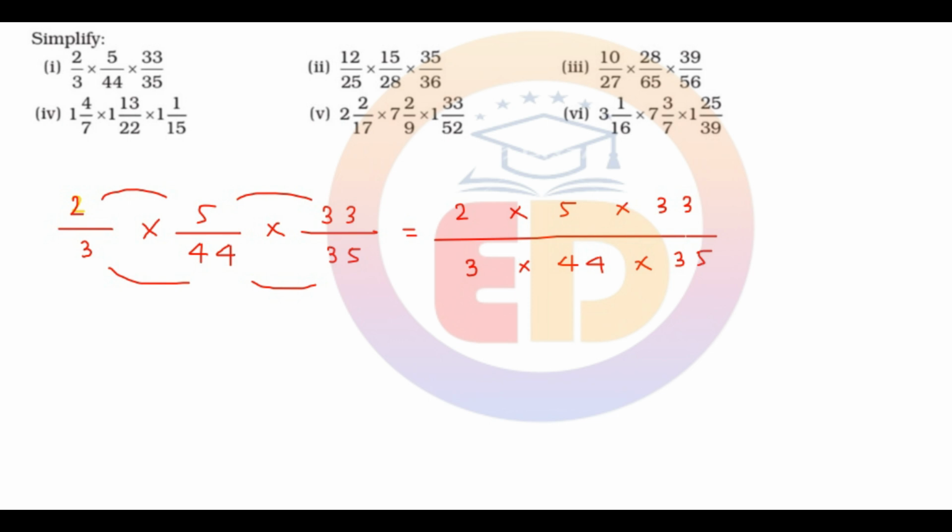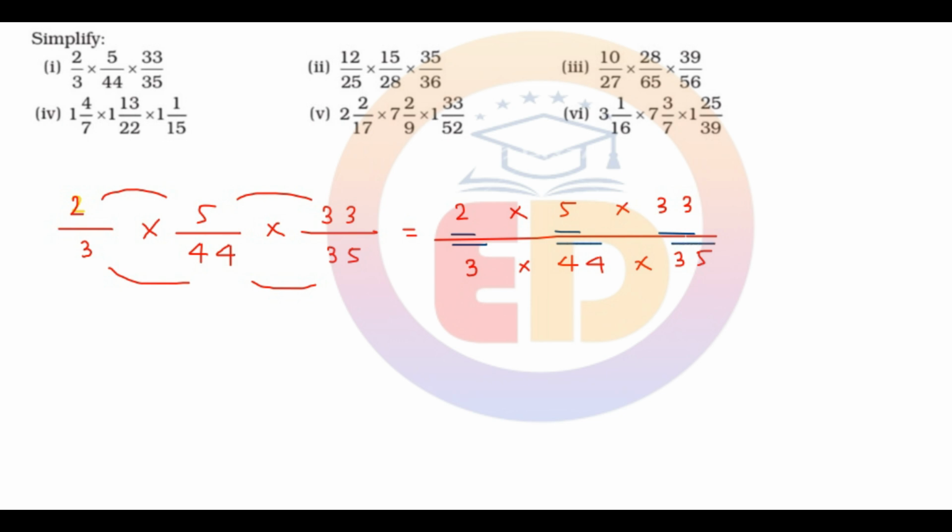Now friends, pay utmost attention here, because from here we will learn how to simplify the terms of numerator and the terms of denominator. Now for that, first of all, look at the numbers in the numerator which are 2, 5 and 33, and look at the terms of the denominator which are 3, 44 and 35.